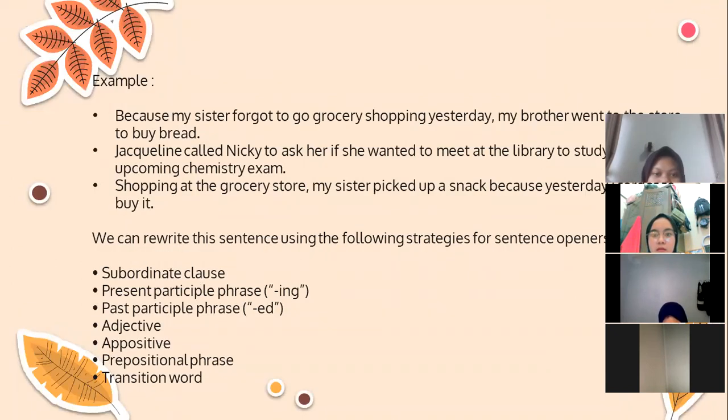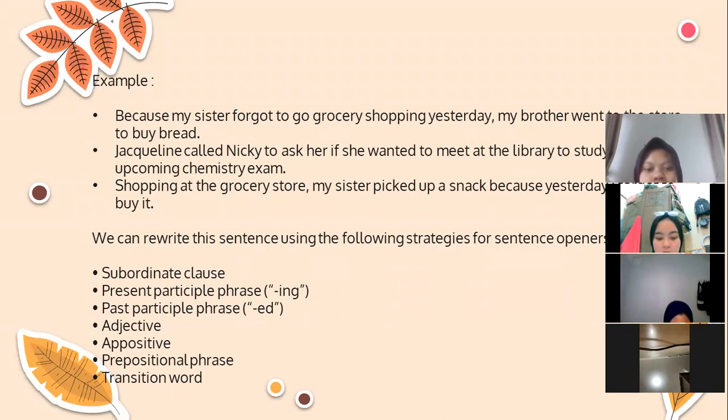Next example: because my sister forgot to go grocery shopping yesterday, my brother went to the store to buy bread. Jack texted Glenicki to ask her if she wanted to meet at the library to study for an upcoming exam.